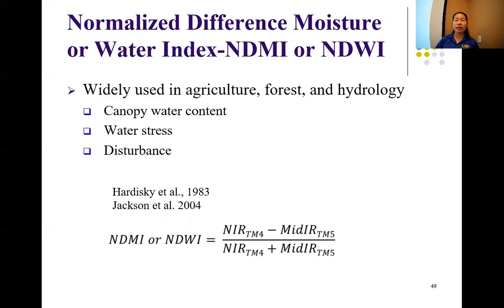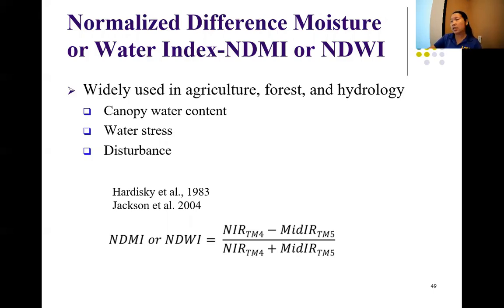So sometimes it may be helpful for us to calculate a water index so that we can mask out water-related areas, because sometimes, especially the muddy areas with more water in them, can cause problems.